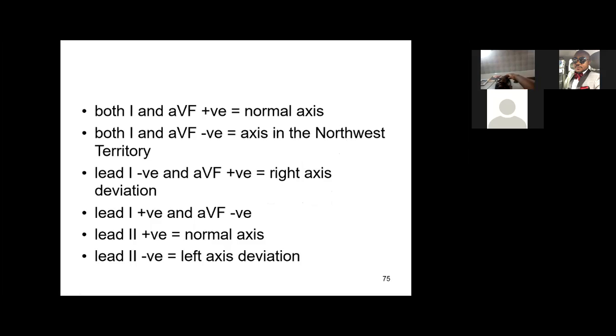When lead 1 is positive and AVF is negative, look at lead 2. Lead 2 being positive means it's a normal axis. Lead 2 negative, left axis deviation.